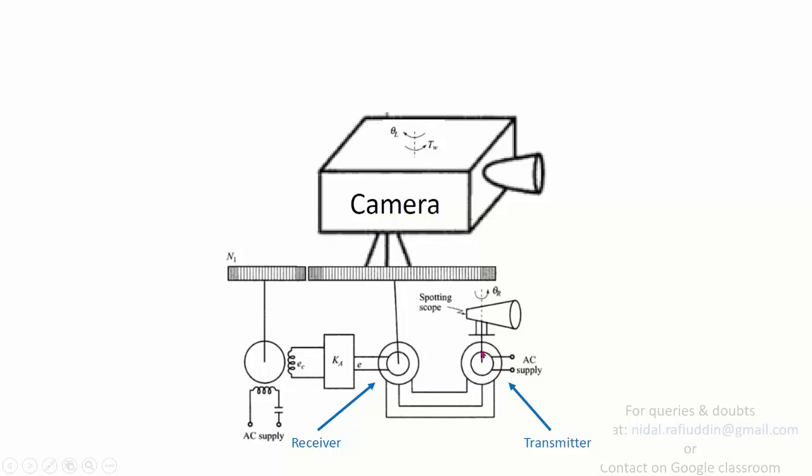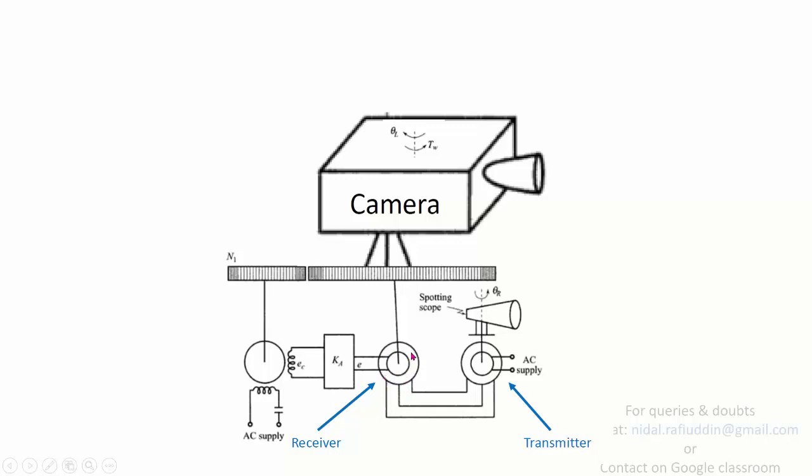So in case this rotor is rotated anti-clockwise, and since the AC supply is given to it, this will cause the flux pattern in the air gap to change, which in turn will change the voltages that are being induced in the stator of the transmitter. So the same voltages are being supplied to the stator of the receiver, and the corresponding change in the flux will be observed in the air gap of the receiver.